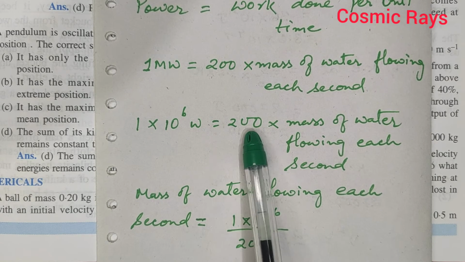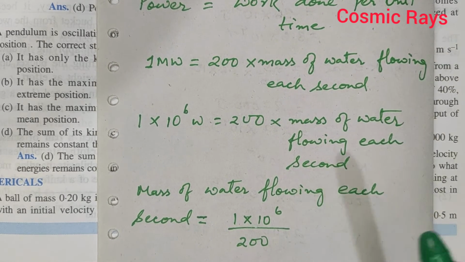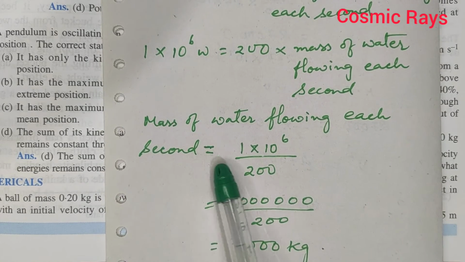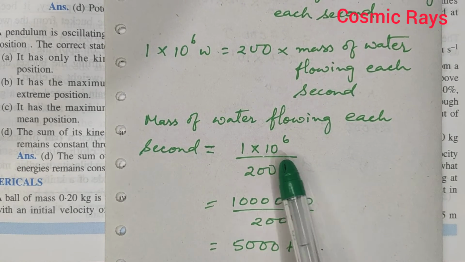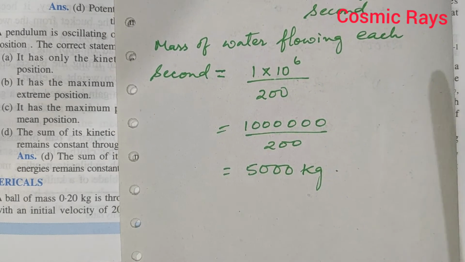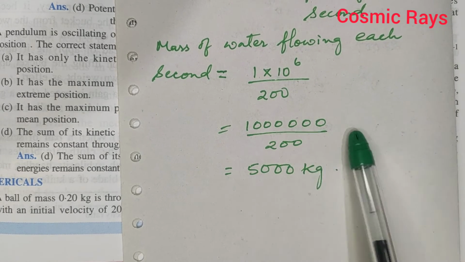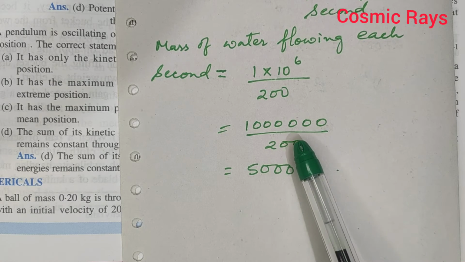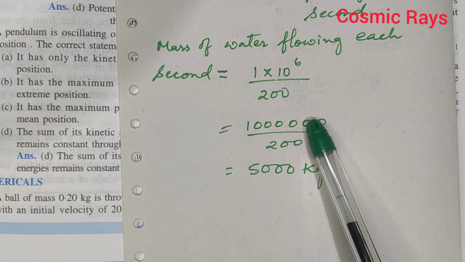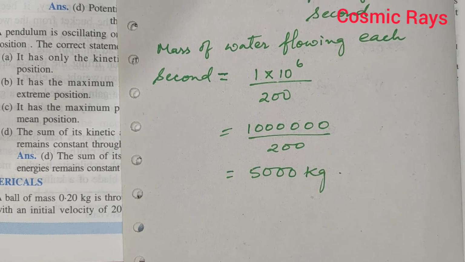That is equal to 200 multiplied by mass of water flowing each second. So from this, mass of water flowing each second is equal to 1 multiplied by 10 raised to the power 6 divided by 200. So 1 multiplied by 10 raised to the power 6 means 1 with 6 zeros divided by 200. So these two zeros will cancel out these two zeros. We are left with 10,000 divided by 2. It becomes 5,000 kg. That is the answer.